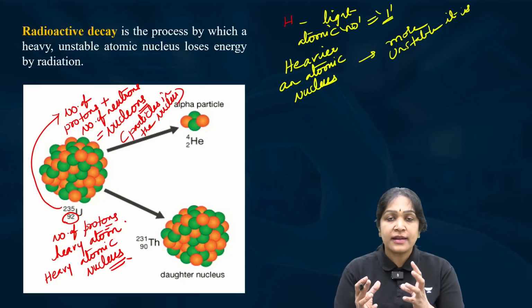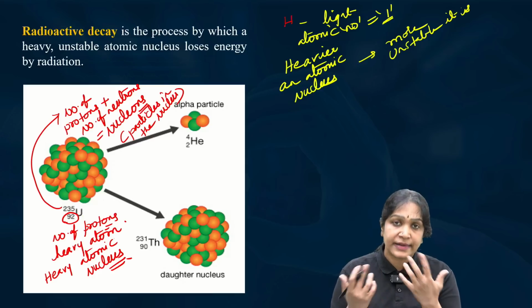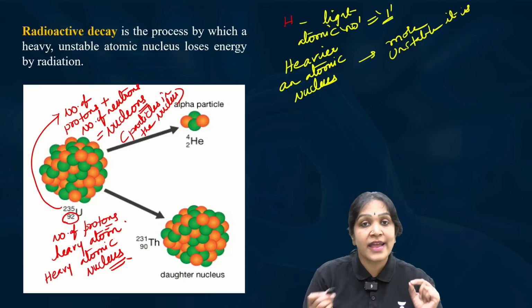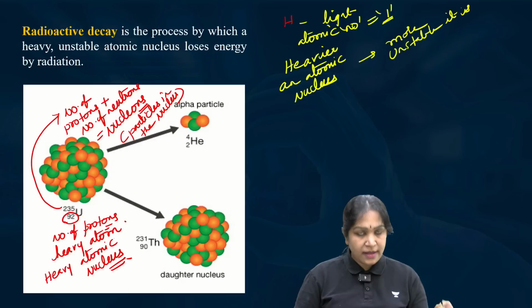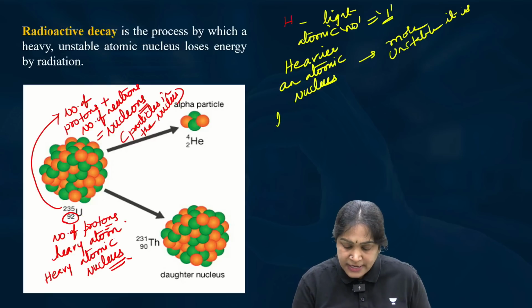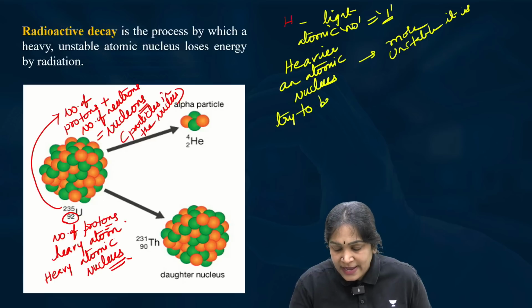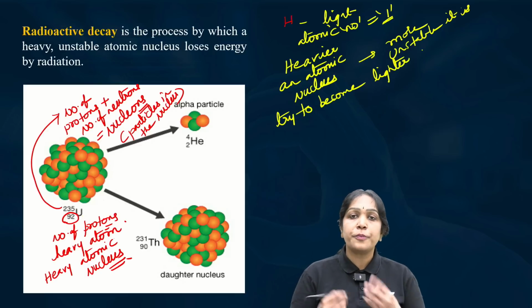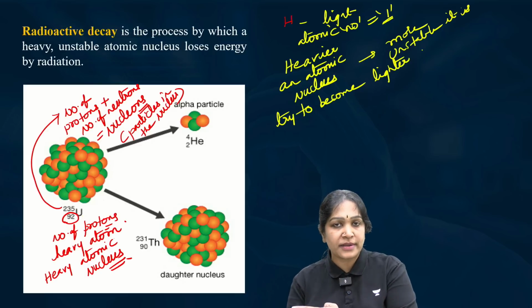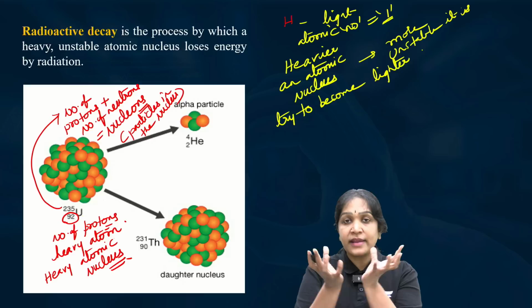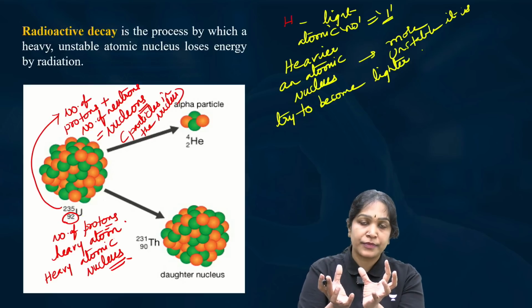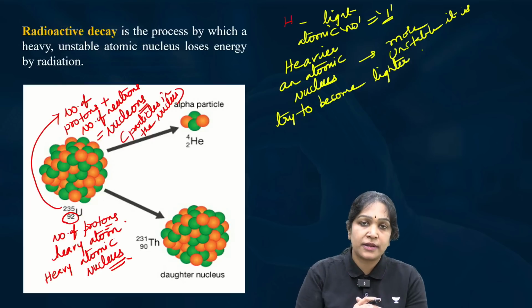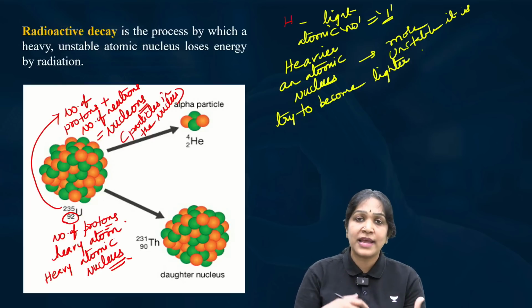I mean, heavier atomic nuclei or heavier atoms are unstable. Unstable means they will try to become lighter. They constantly try to become lighter. I repeat, the atoms having more protons, later in the atomic number, later part of the periodic table, are heavier. A heavy atom or the nucleus inside such atom, that is heavy atomic nucleus, is unstable. So it will always try to become lighter.